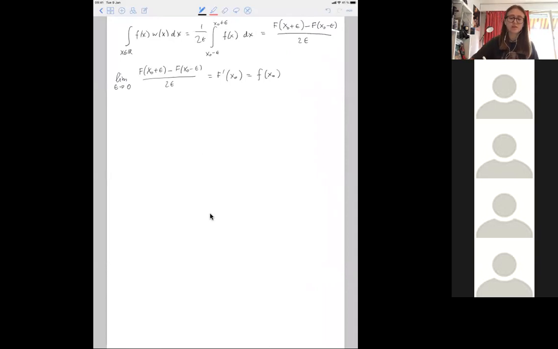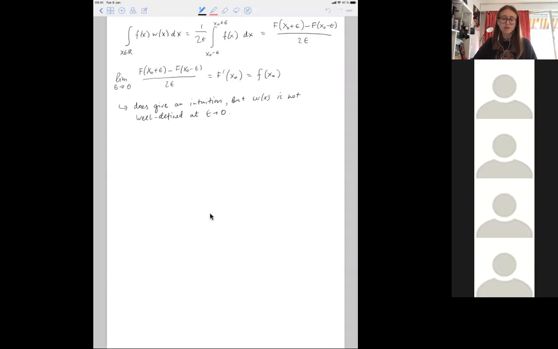And this also, so this does give an intuition, but say v of x is not well defined when epsilon goes to 0.